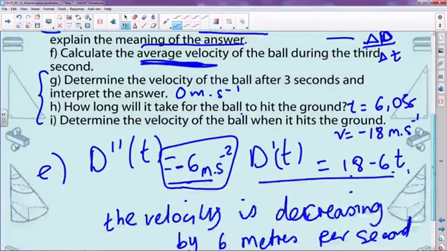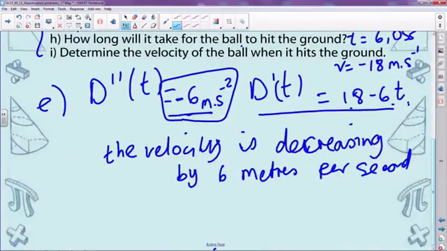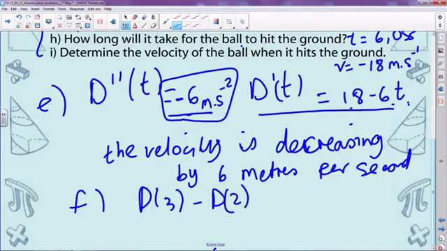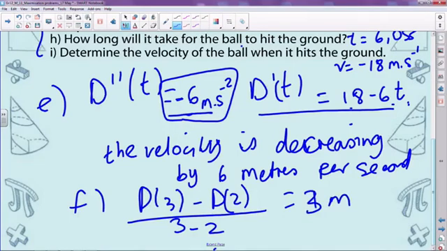If you do that, and we're going to write this down very, very quickly, this is part F. You're going to say D of 3 minus D of 2, so your distance at 3 seconds minus your distance at 2 seconds, all over the difference in time. And when you work that out, you'll get an answer of 3 meters per second. And that is your average velocity during the third second.